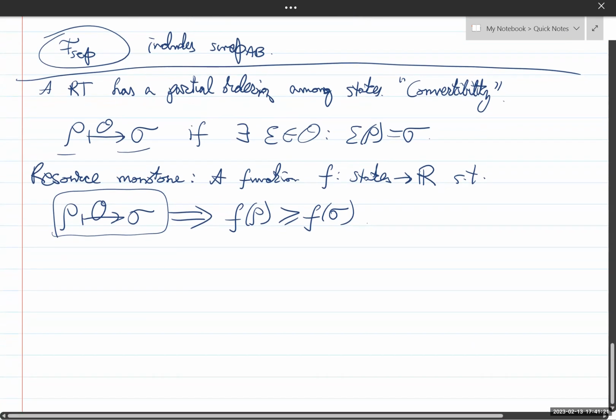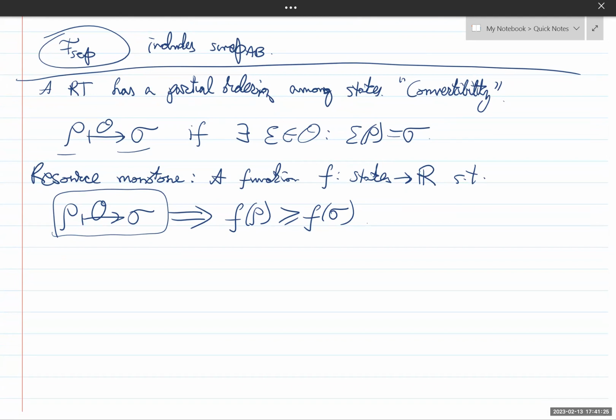So in some special cases, we end up being able to find a finite number of monotones that are complete, in the sense that they completely determine the partial order. And that's what I would like to talk about.